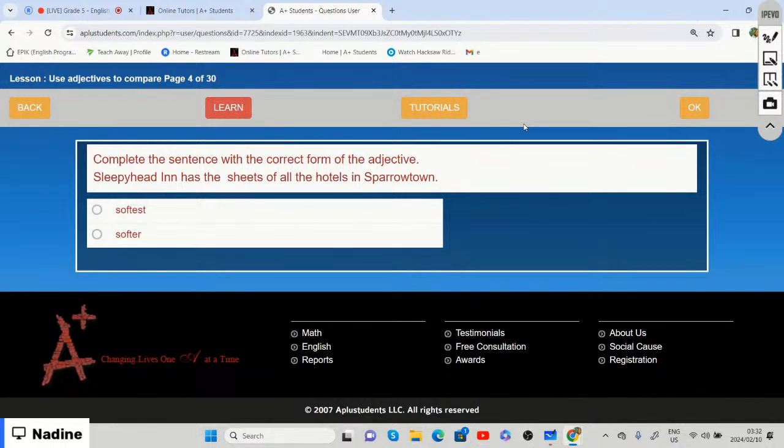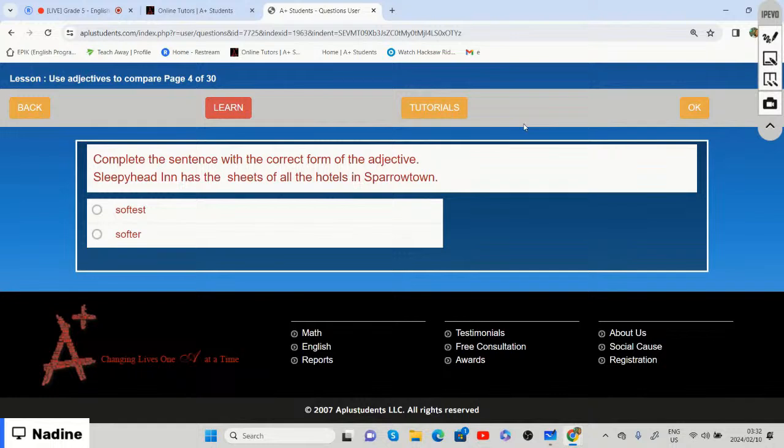So we can say Sleepyhead Inn has the, do we say softer sheets or softest sheets of all hotels in Sparrow Town, meaning that it's being compared to all the other hotels in Sparrow Town.